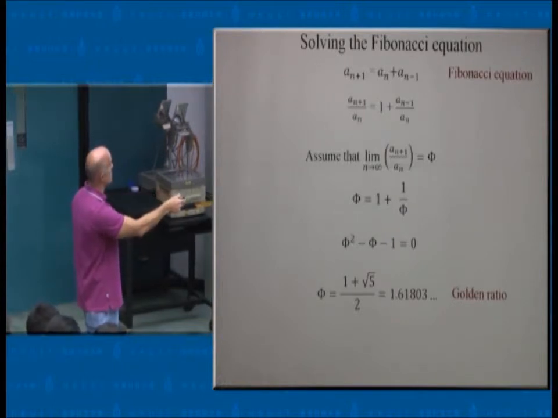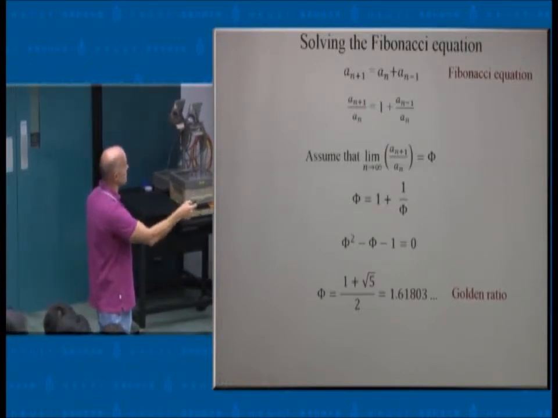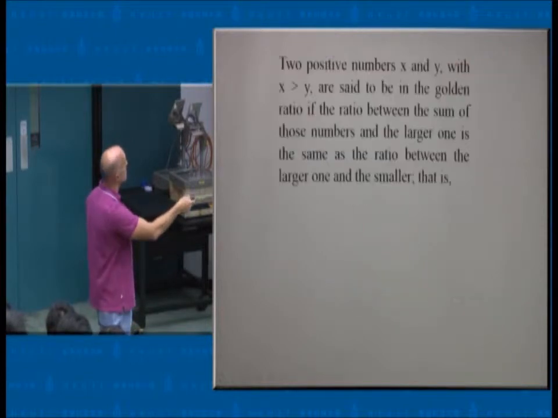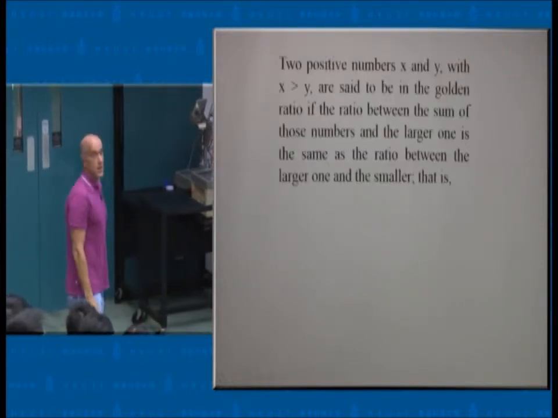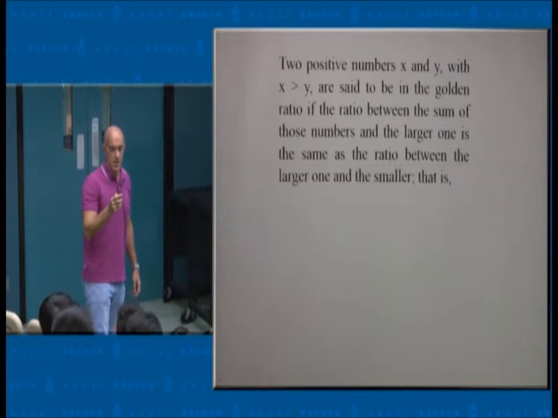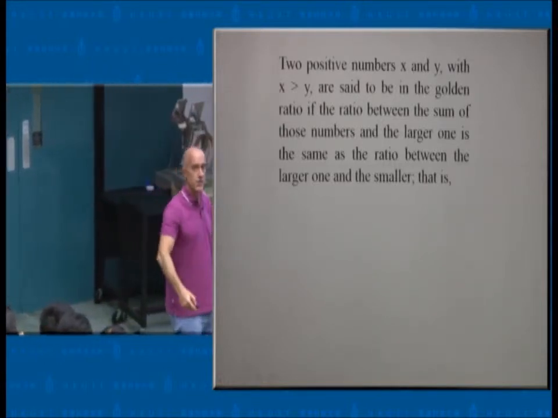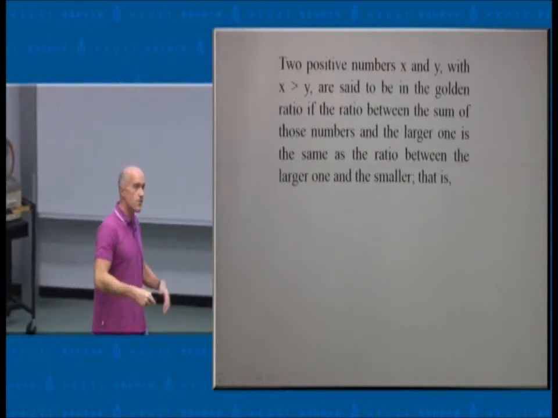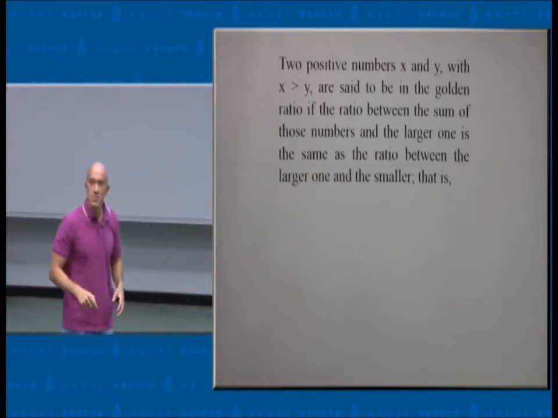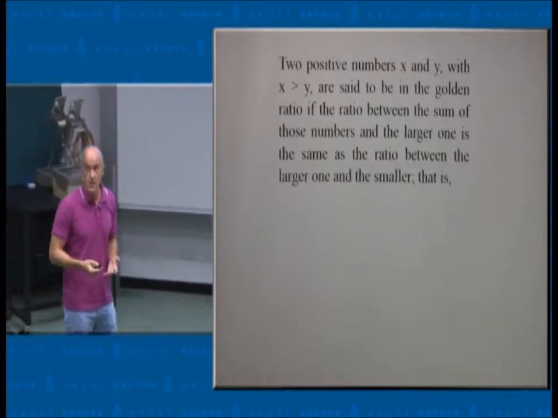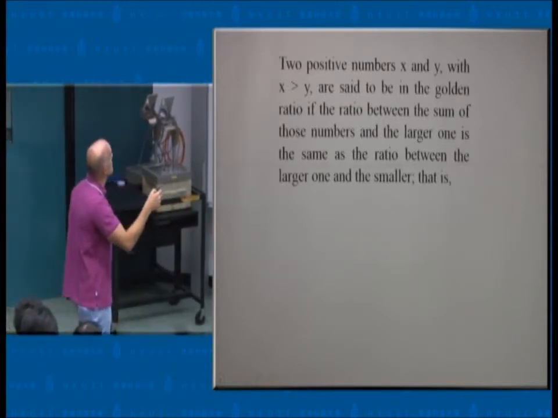We have this equation, phi is equal to 1 plus 1 over phi. The golden ratio we can calculate in a different way. Why is it called the golden ratio? It's the ratio of two Fibonacci numbers, but there's another way of defining it.